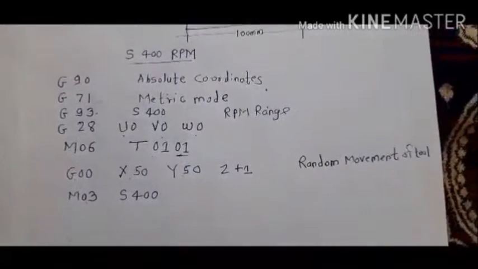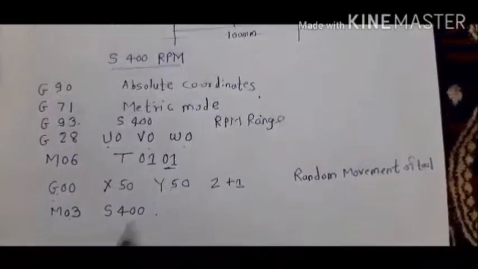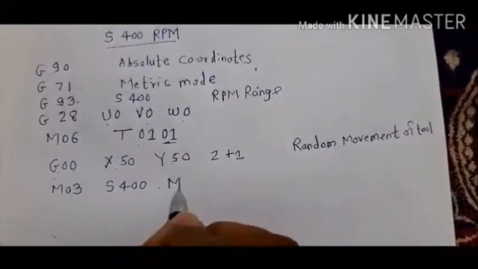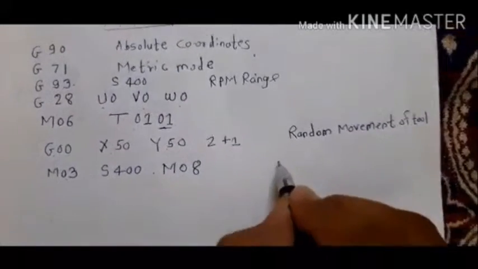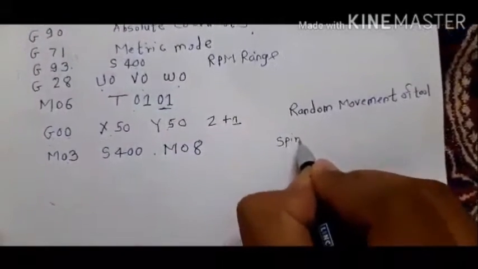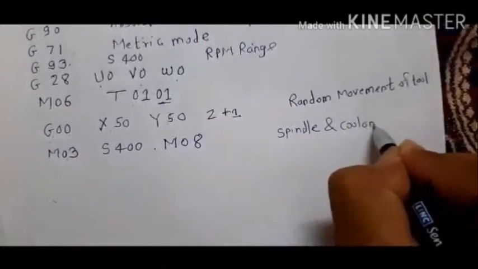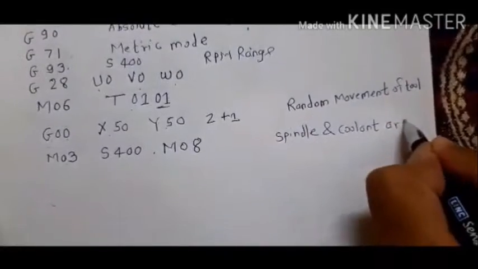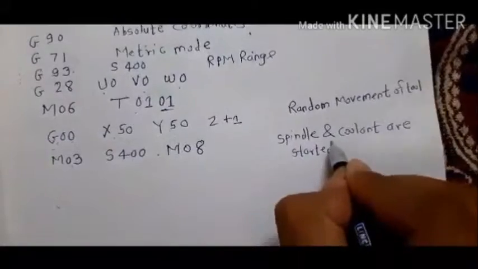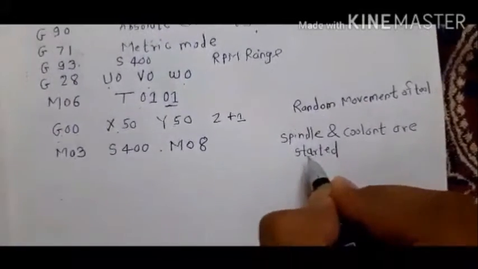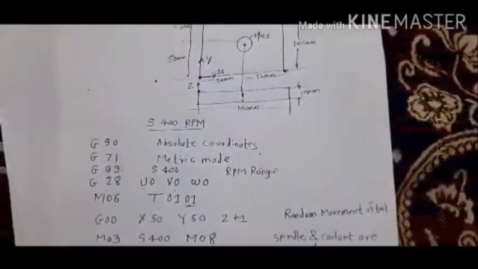Now the spindle is started. After starting the spindle we have to start the coolant. The coolant is started by using code M08. So spindle and coolant both are started. I am writing this explanation just for your understanding. You don't need to write this explanation in the examination.